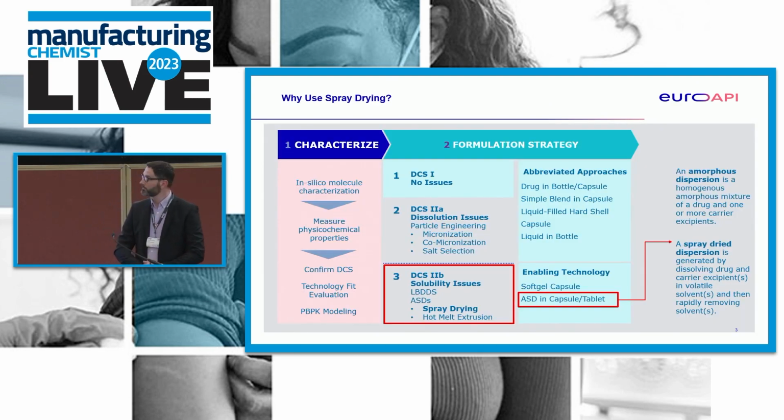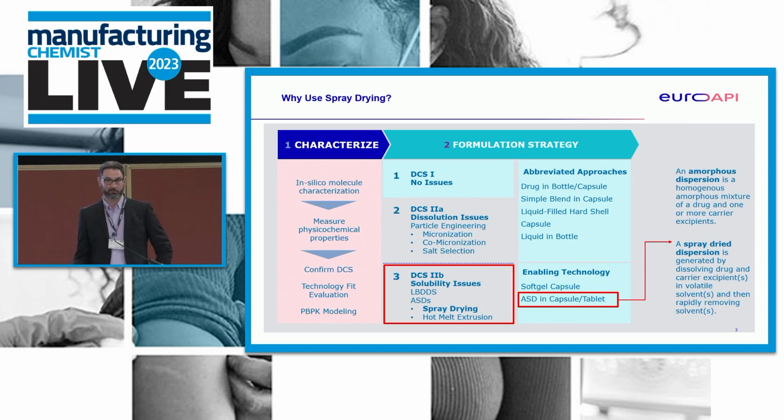So again, some of this has been talked about. I'm not a formulation scientist, I'm a chemical engineer, so I do educated guesswork for a living, so I won't explain the finer details of this classification system. But in essence, we know the drugs have solubility issues. Spray drying is one technology we can use to address that.